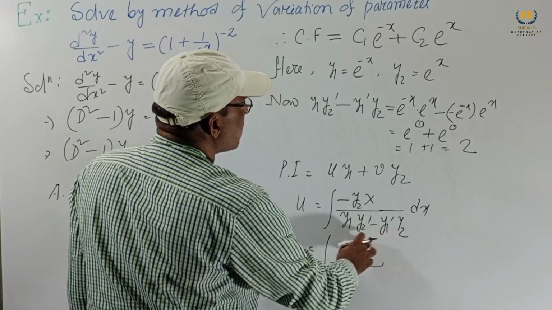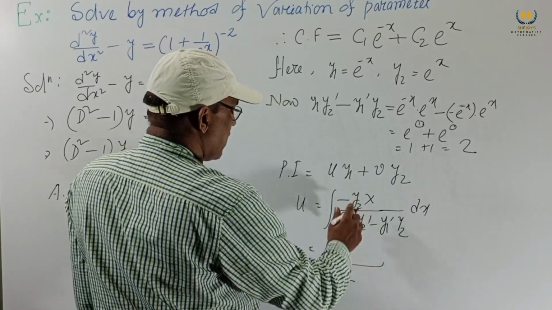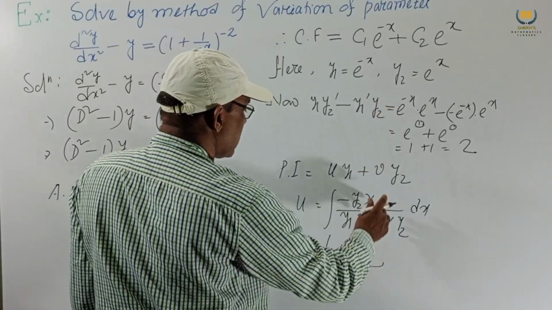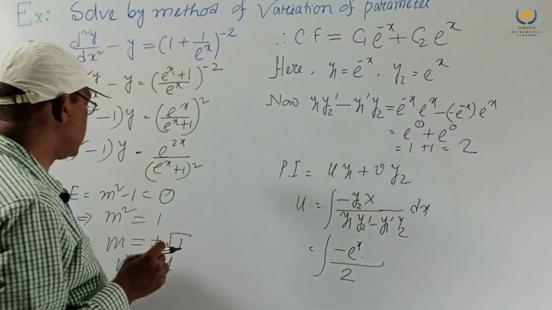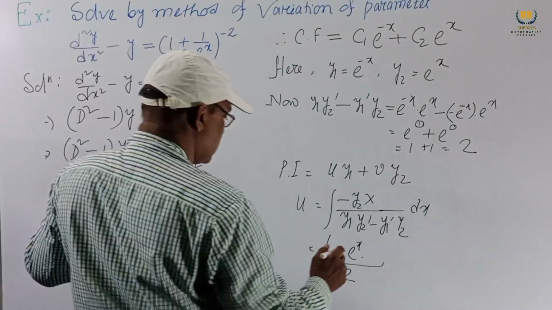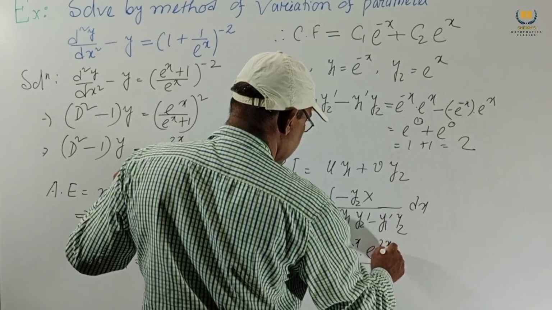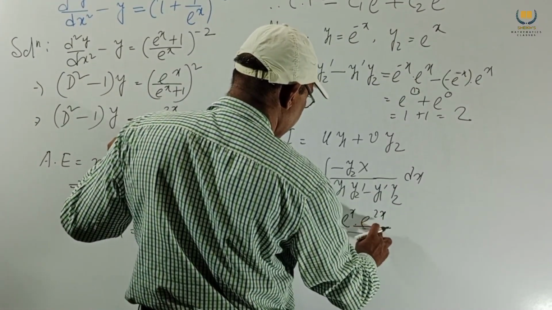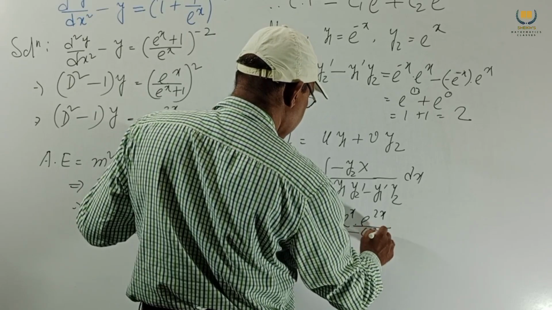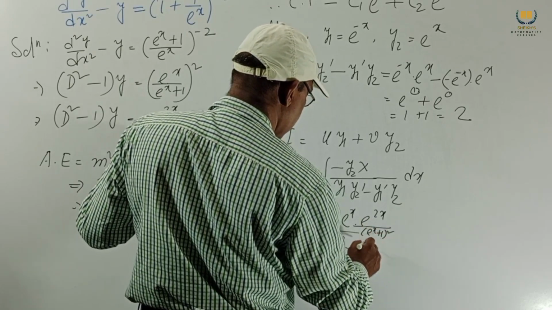This value we get is 2, and −y2 means e^x, and X is the right hand side, which is e^(2x)/(e^x + 1)², dx.